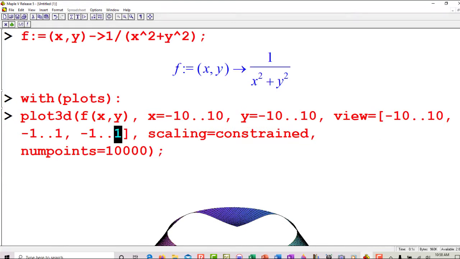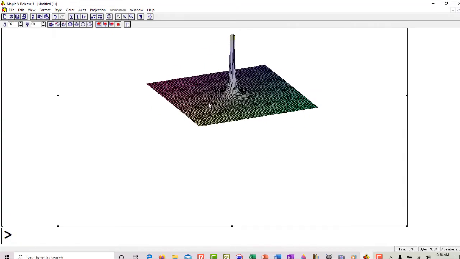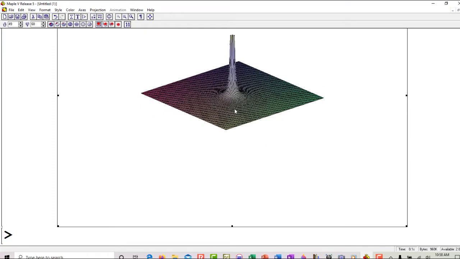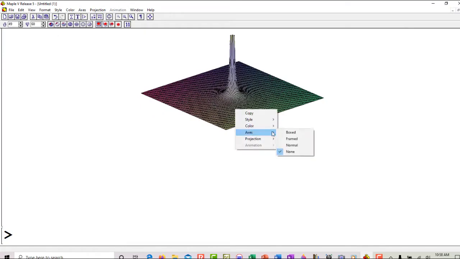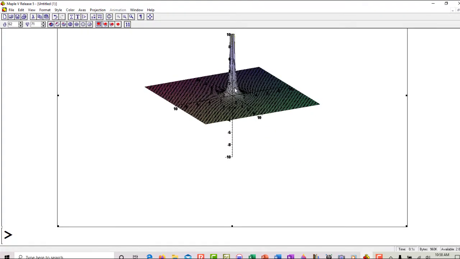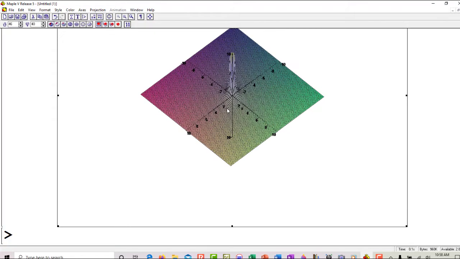Let's see, I'm going to go from minus 10 to 10 on each of the coordinate axes now. Minus 1 to 1 just isn't going to hack it. We're getting a good view of what this thing looks like. As you can see now, as you get closer and closer to the origin, this thing blows up. Let me put those axes in there. The z coordinates will blow way up as x and y get closer and closer to the origin.